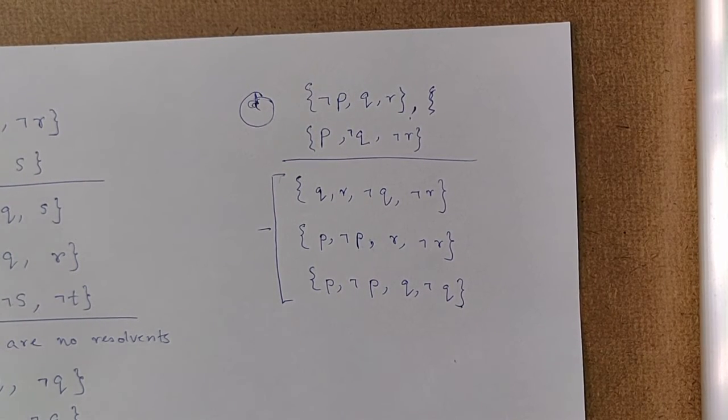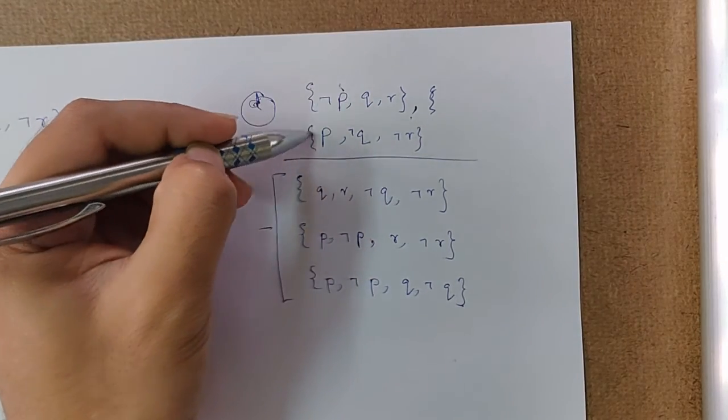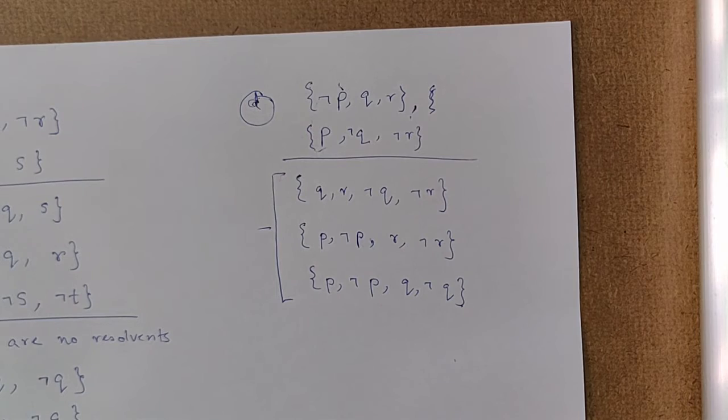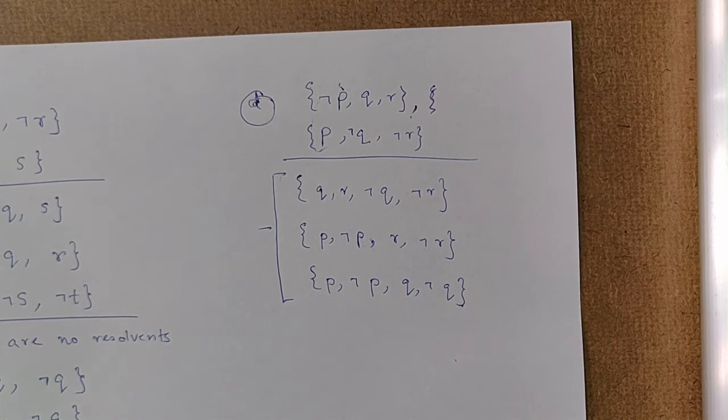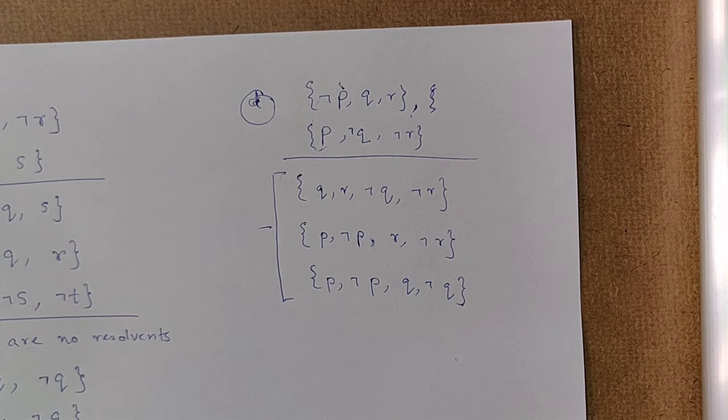So how you resolve on, as long as you are resolving on two oppositely signed literals, a literal and a negation of it, it is valid. But what I want you to note down here is that you cannot resolve on all the variables at once.